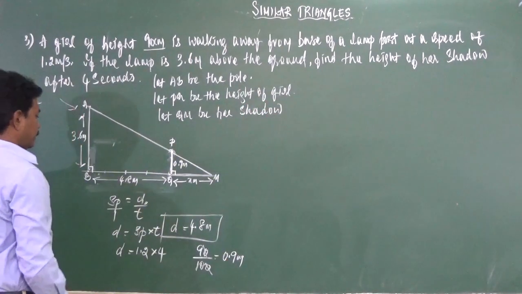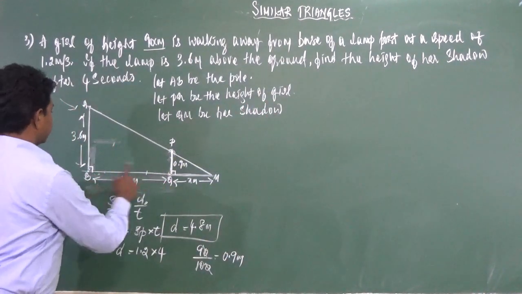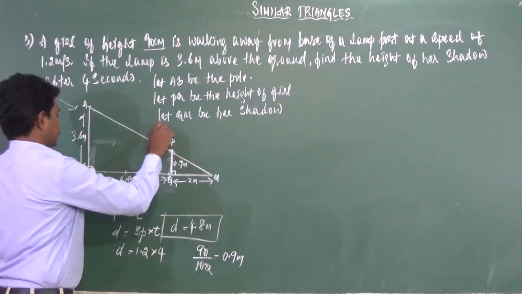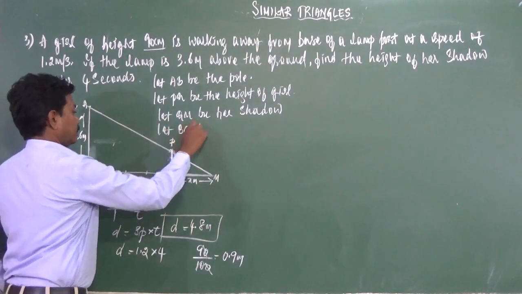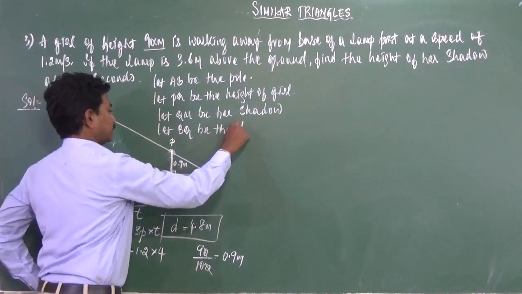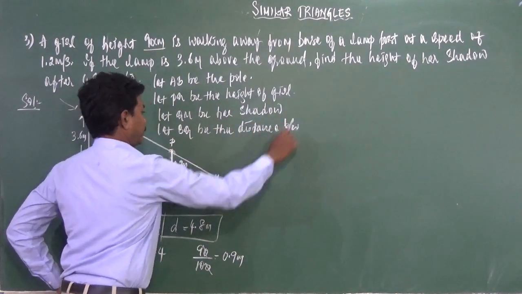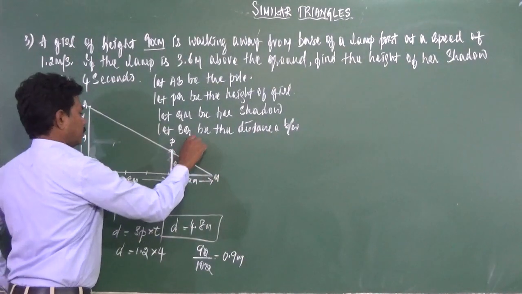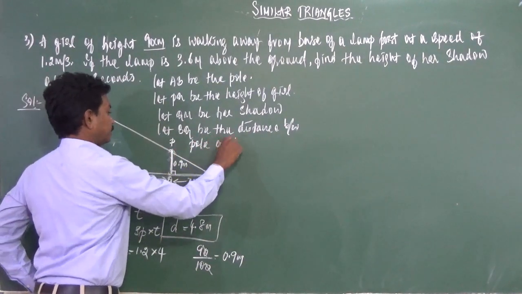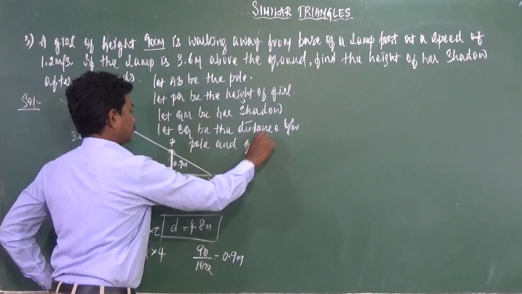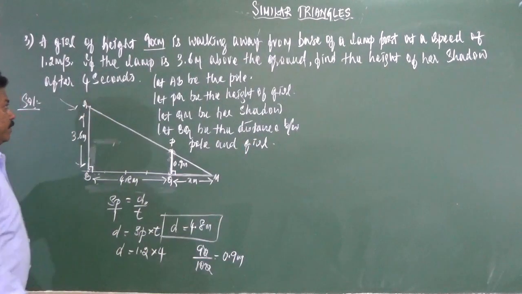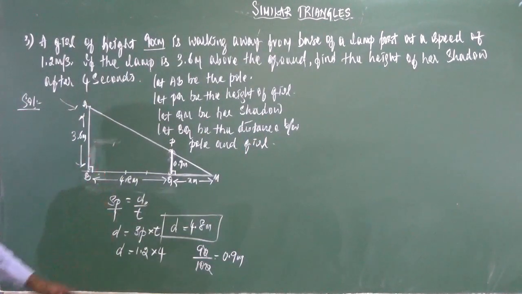Let BQ be the distance between pole and girl. Right. So these are the minimum required things.